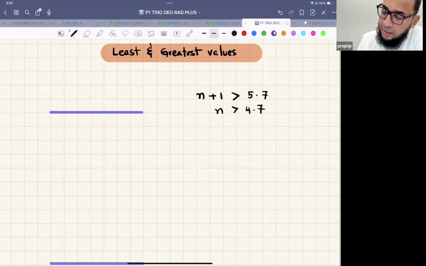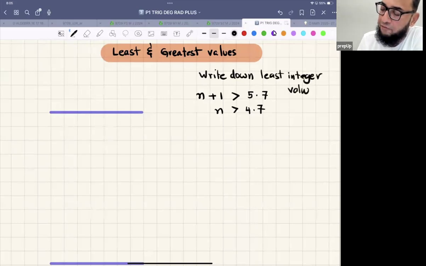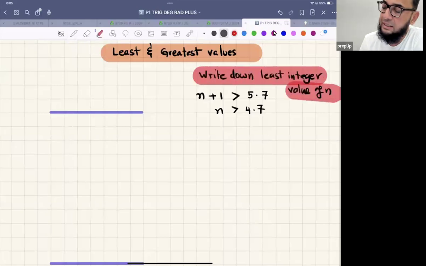If they ask me, write down the least integer value of n, this is the question that they are giving me.